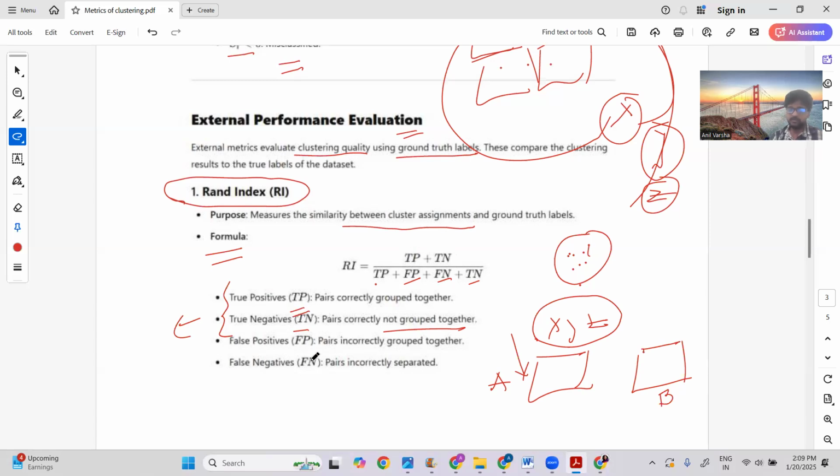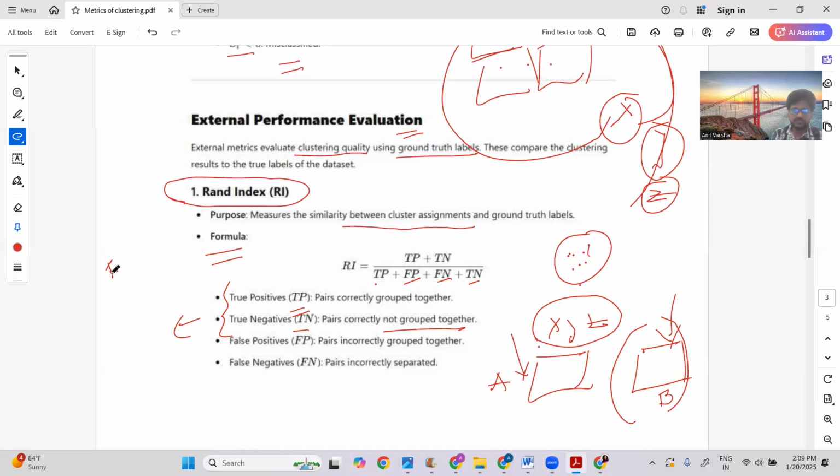Now, let us say I have B. Forget about A. None of these X, Y, Z belong to B. So none of X, Y, Z will be assigned to the cluster B. It's called true negative.